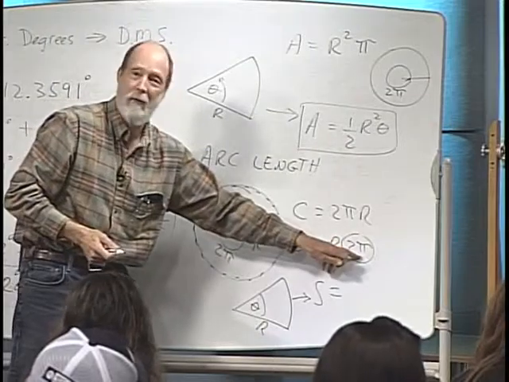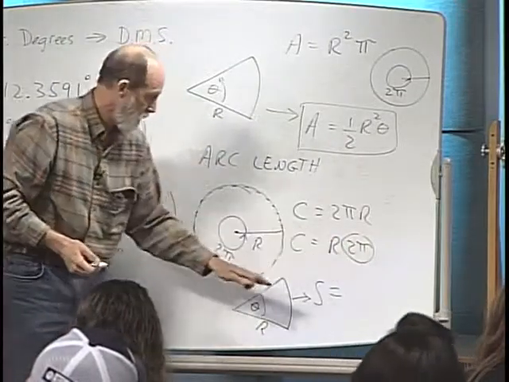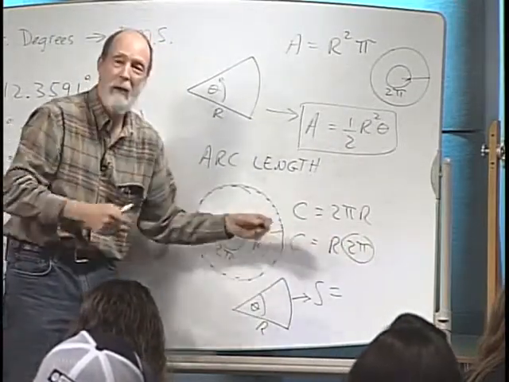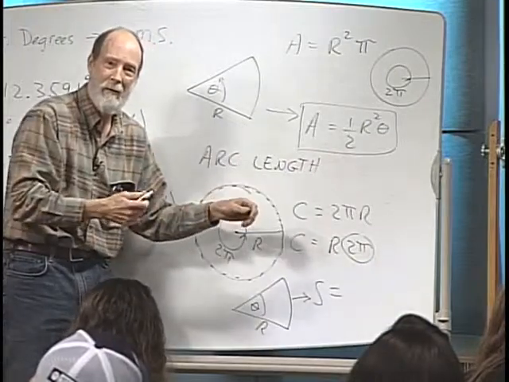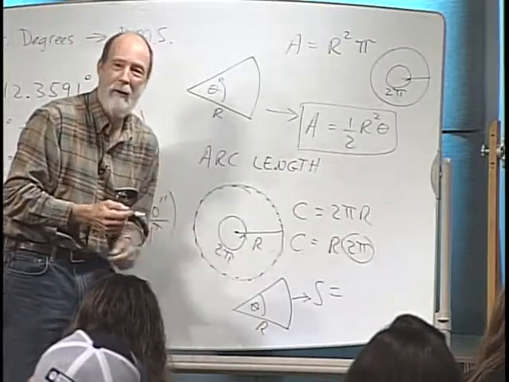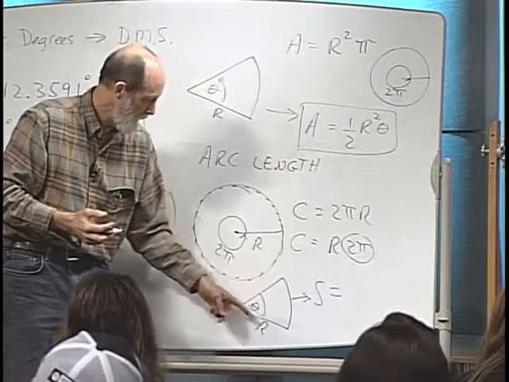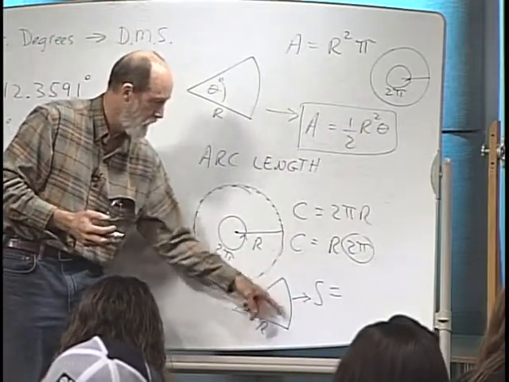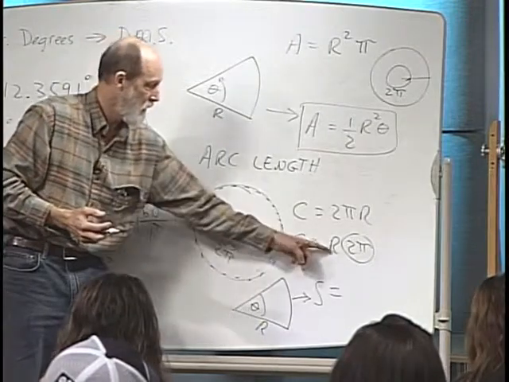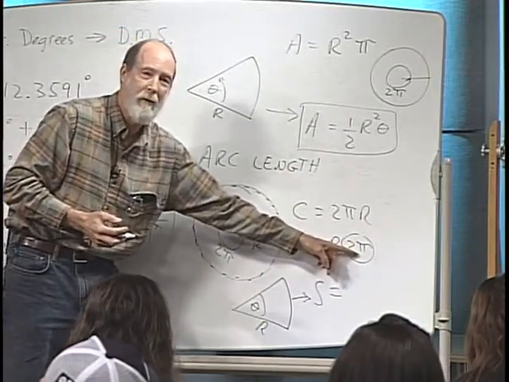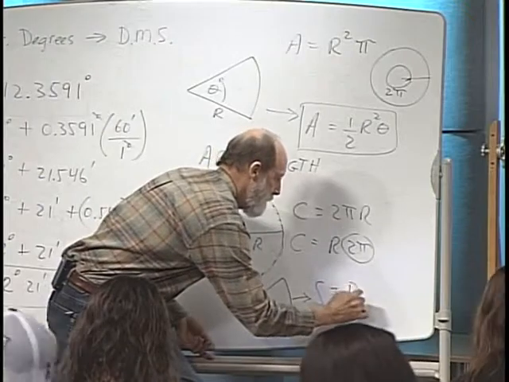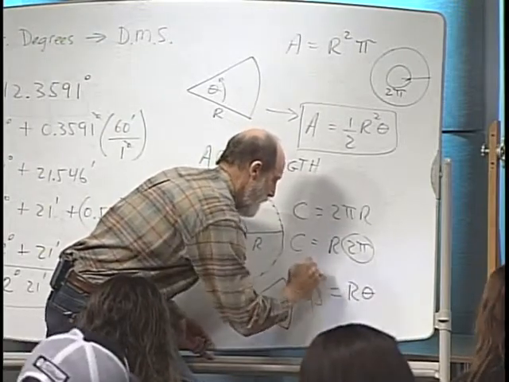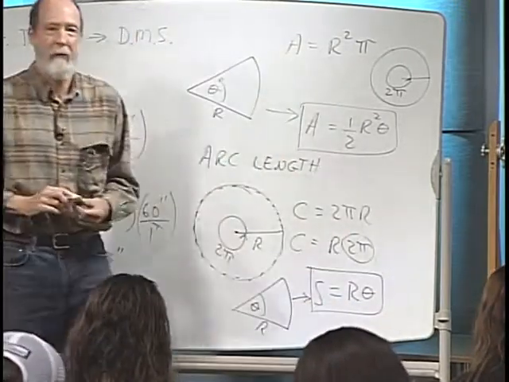That's 2 pi radians, isn't it? So it looks like the sector of a circle would just be proportional to what you see here. So the formula would be, given r and theta, S, the arc length, would be r times theta.